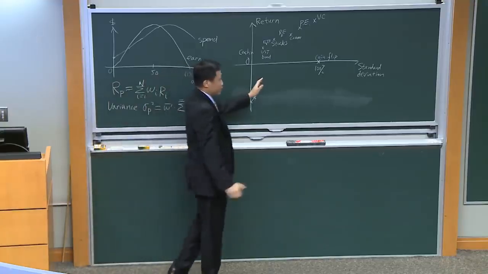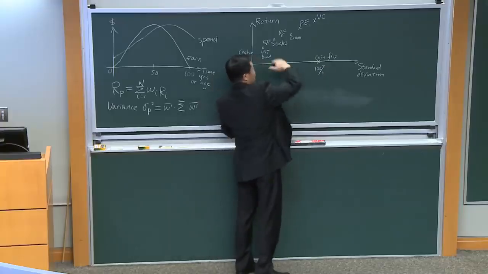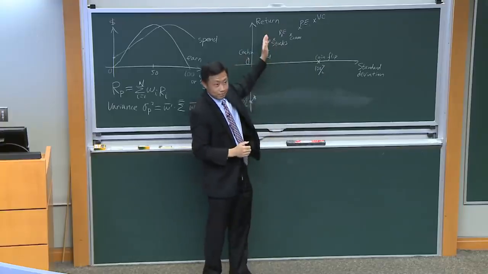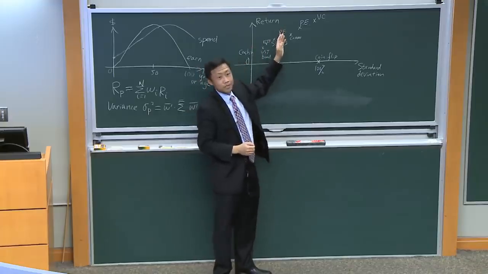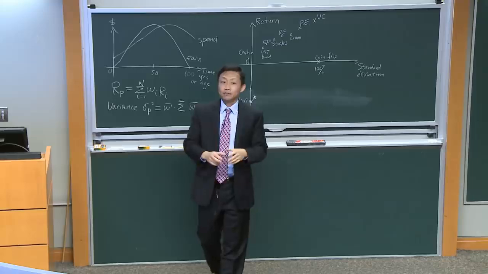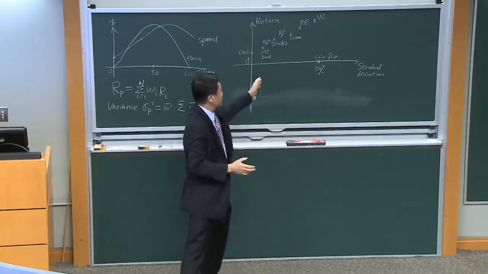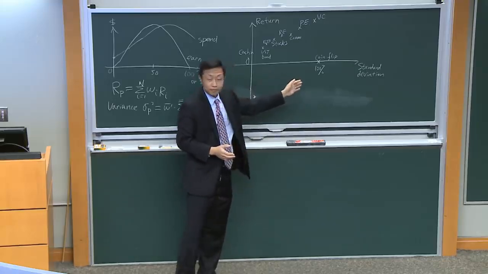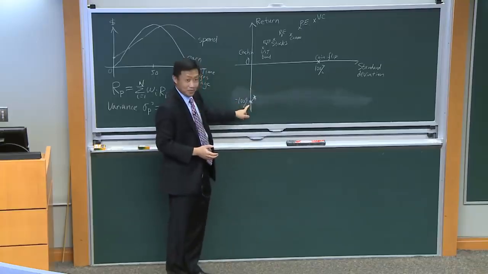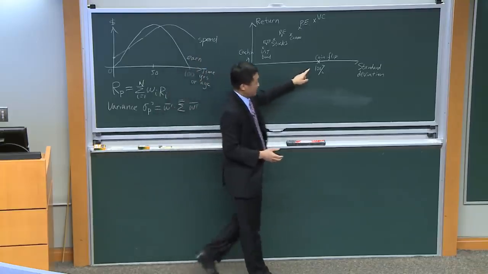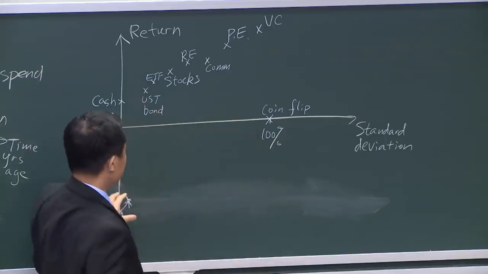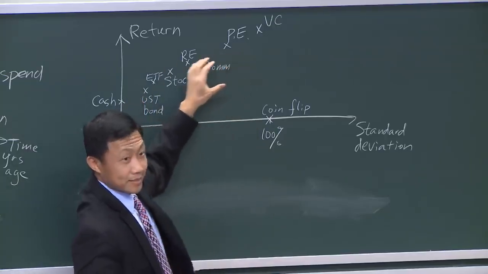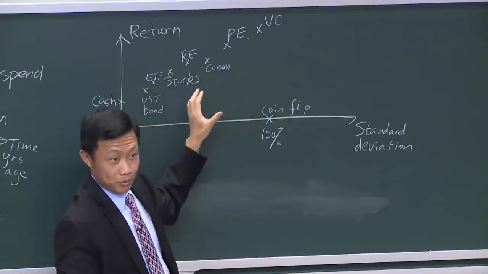But let's say you try to minimize this and maximize the vertical axis. You try to find the highest possible return with the lowest possible standard deviation. Will you pick this one? Will you pick this one? Then eliminate those two, but for this, that's actually all possible, right?